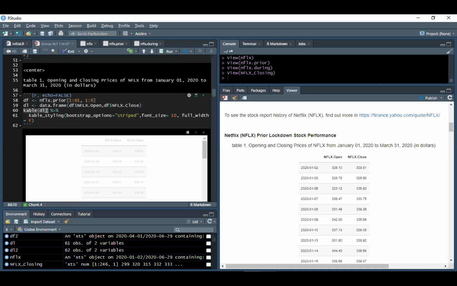And then we use the kable function. The kable function is the simplest HTML code for a table, and we use DF, which is a data frame, again using specific columns from the data set that we sourced. And then this code refers to a piping syntax, which becomes like an expression of this particular code.